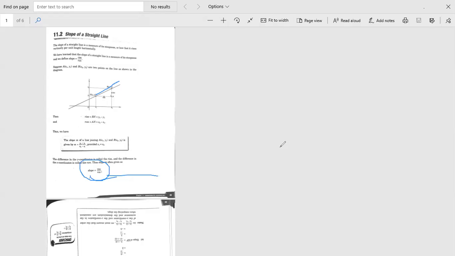I need you to let me know if you understand the definition for slope. Please type 1 on the group chat if you understand the definition for the slope. Okay, good.